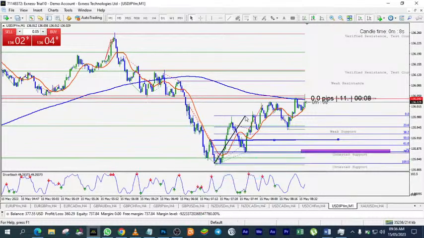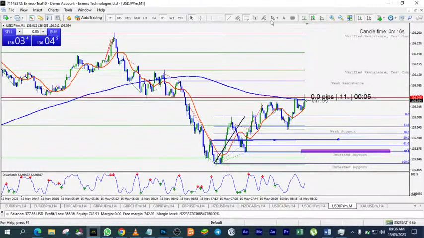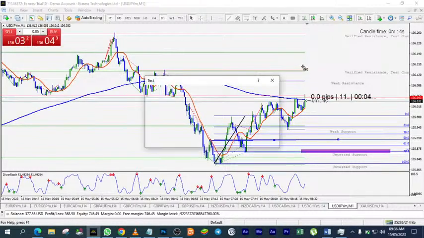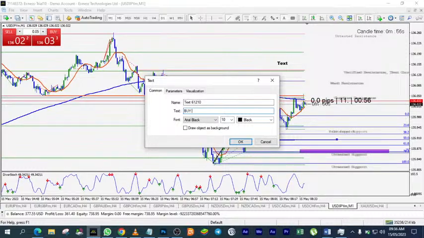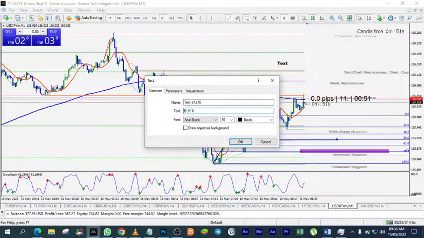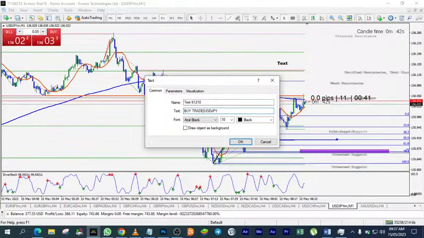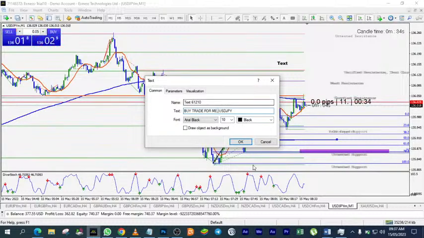So this is a buy trade for me. So that's that.